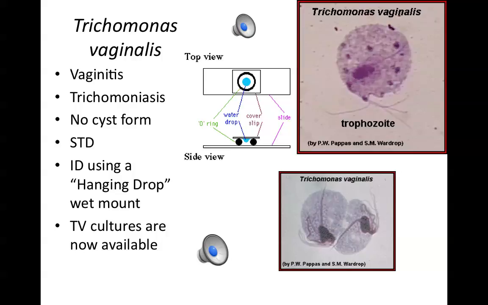Take a drop of the material scraped from the affected area on a clean microscope slide, add atop that drop a nice, clean, clear cover slip, and then take a look. Again, any kind of flagellated, ciliated protozoan that's moving around by other means, other than just drifting around in the liquid, can easily be seen even in a wet mount.